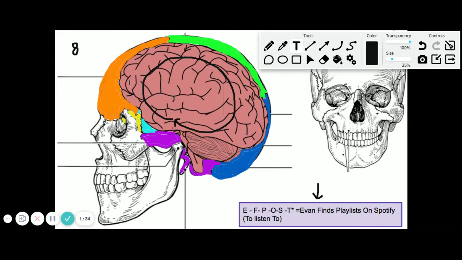So let's name them. So starting with our yellow bone here in the front, we have the ethmoid, followed by the orange bone, which is our frontal bone, followed by the green bone here, which is our parietal bone, followed by the blue bone in the back here and down below, which is the occipital bone.